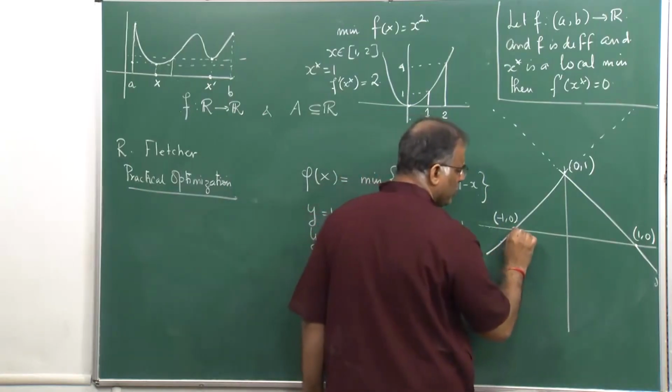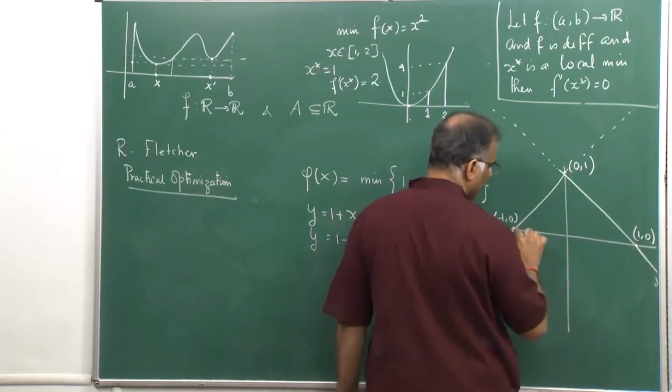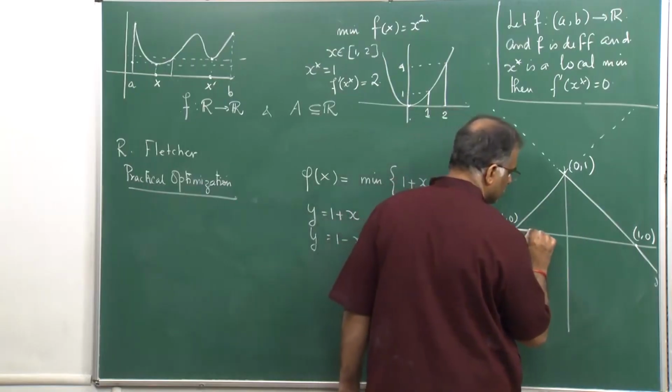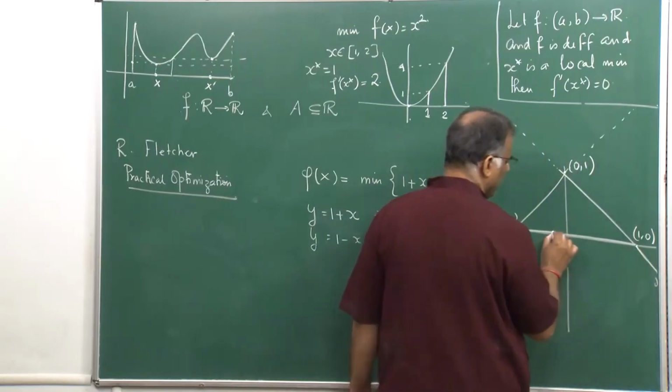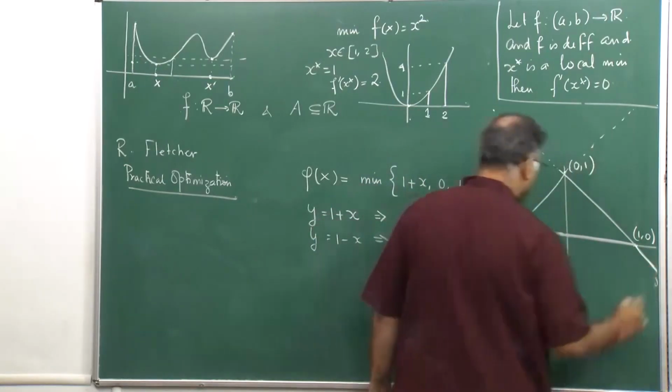and after that between minus 1 to plus 1, 0 is the minimum value, because both are above 0. Again after 1, 0 is the minimum value.